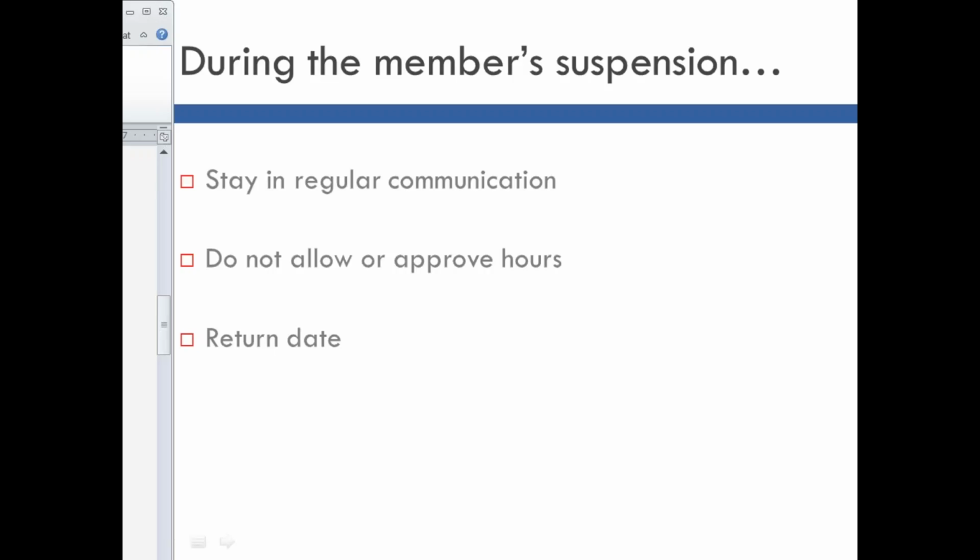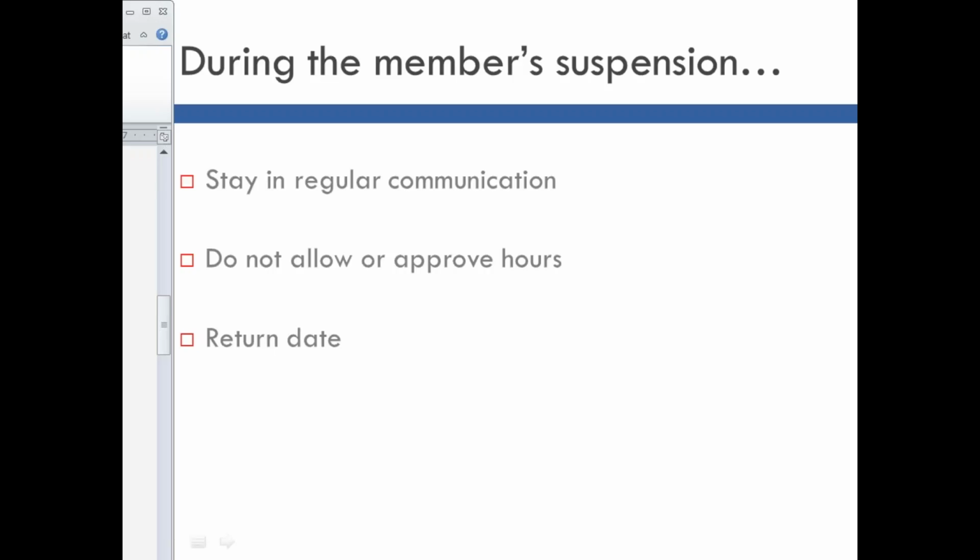This seems really simplistic, but I had a case where I had to remove some hours last year because I found out a member was suspended, but when they came back, Encore generated those timesheets.